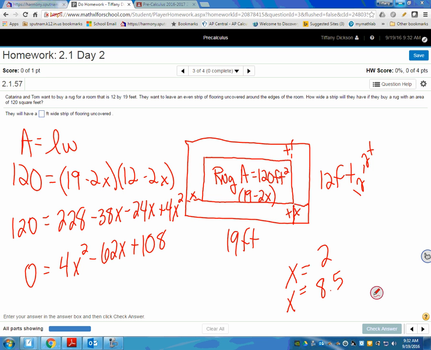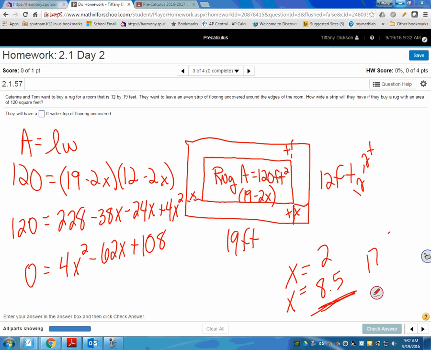So you say, well, do I just pick one? It only has room for one answer. I don't know what to do. You have to think about the problem here. Could there be a 2-foot strip taken off each edge? That could work. Could there be an 8.5-foot piece taken off each end?